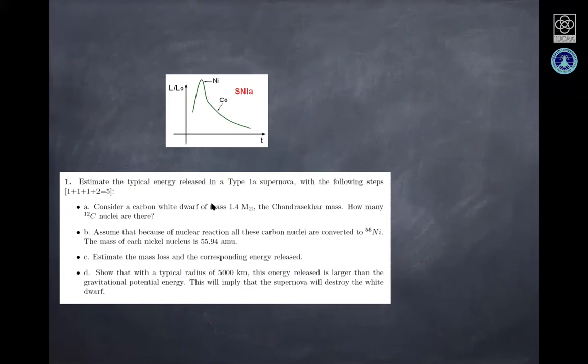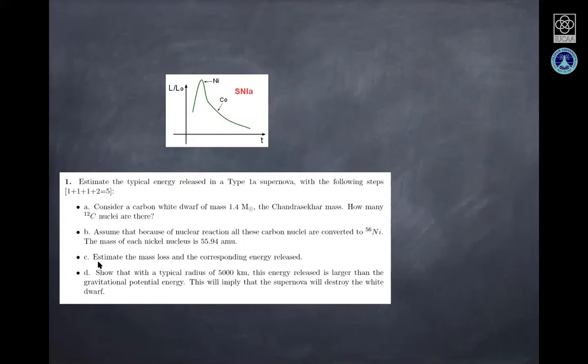So 1.4 solar masses. First, one should find out how many carbon nuclei there are, and then let's assume that all these carbon nuclei are converted into nickel-56. The mass of a nickel nucleus is roughly 56 AMU.